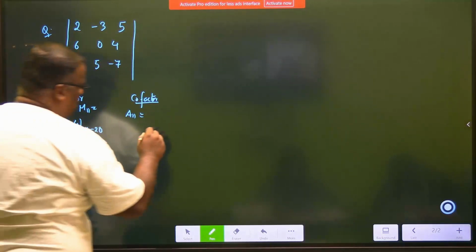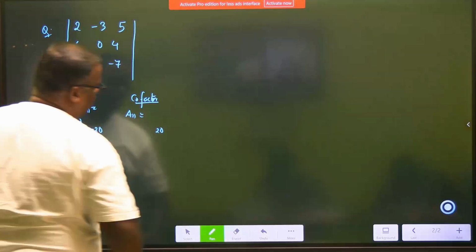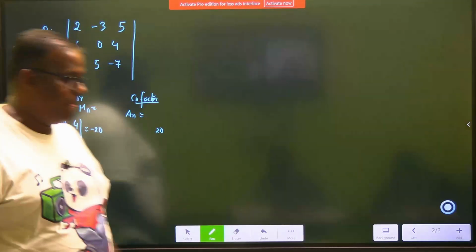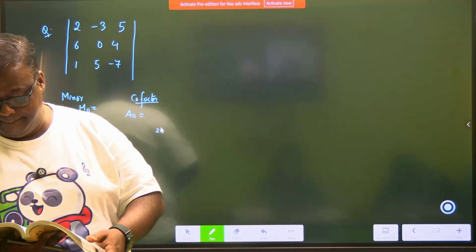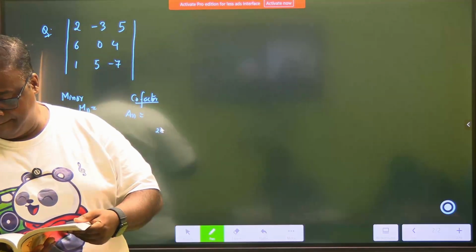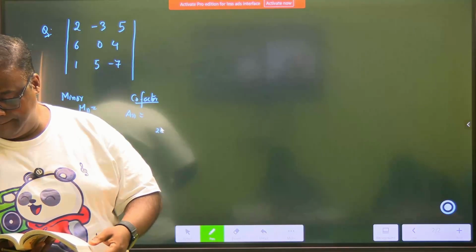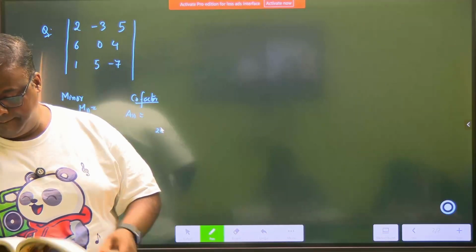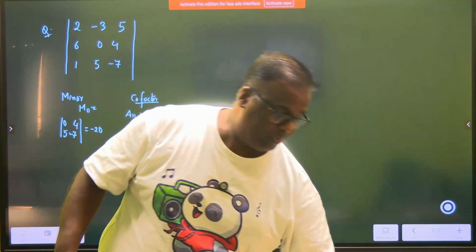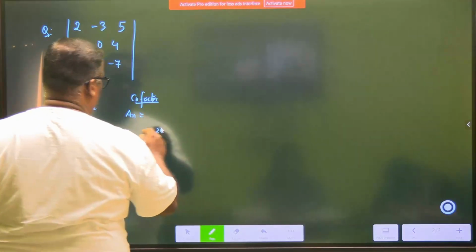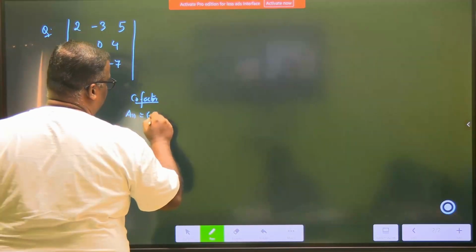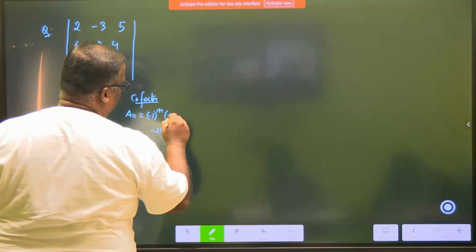A11 would be 20, since A11 is minus 1 to the power 1 plus 1 multiplied by minus 20.